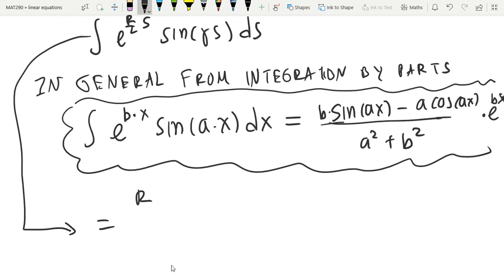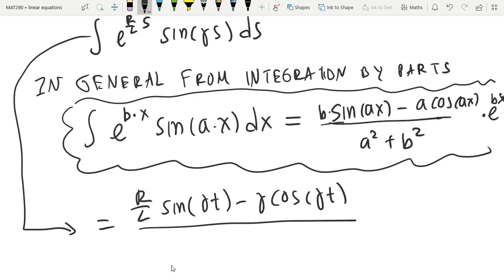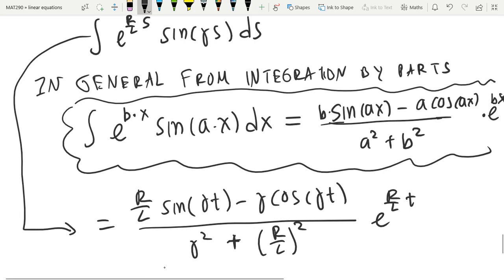So we have R over L, ratio of resistance over inductance, times the phase gamma, cosine gamma, and then gamma squared plus R over L squared. And of course times our bx, so e to the R over L t. All right.